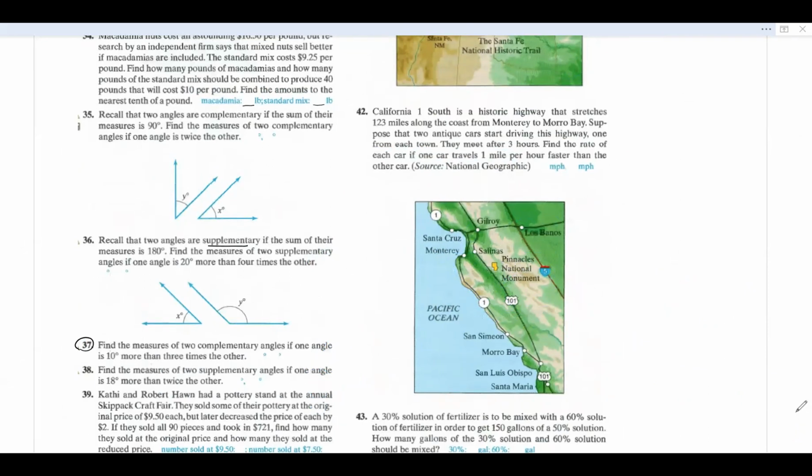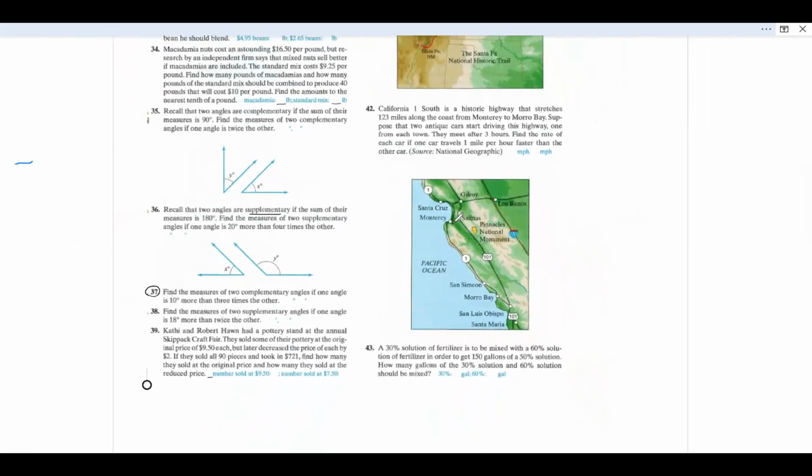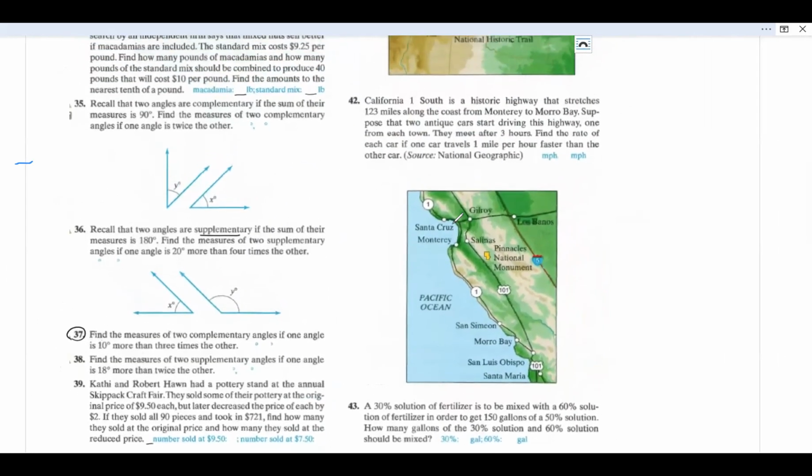Do you know the number one highway from California to Los Angeles? Maybe you have gone to Disney in California. Did you go there? Maybe no, maybe yes, but it's fine.